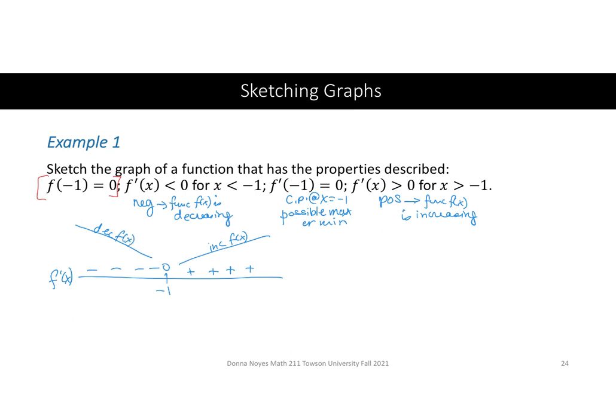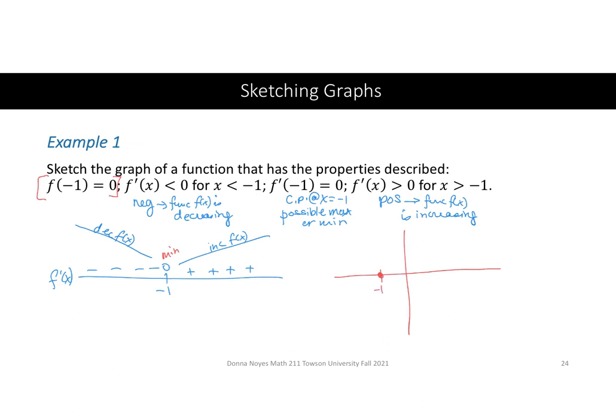So we have a function that is decreasing and then turns to increasing. So you can see just based on the shape here that this is going to be a minimum. So what might that look like on a graph? Well, it just means we know we have the point f of -1 is 0.